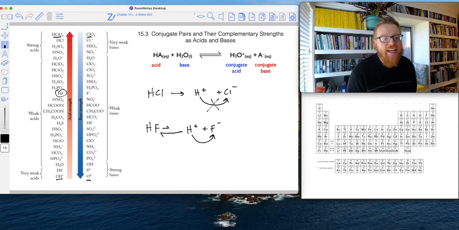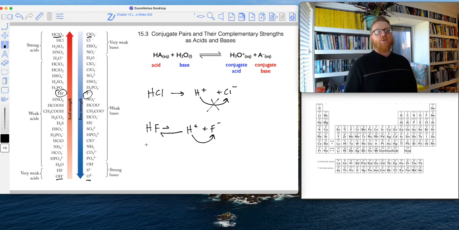And of course, once again, I picked this middle example just so that we can see that, if HF here is listed as like a medium, let's say, weak acid, then of course F minus is going to be like a medium weak base. But the fact that it's a medium weak base is really telling us why it sends the reaction back this way.